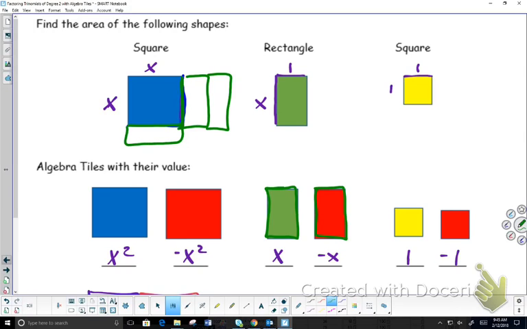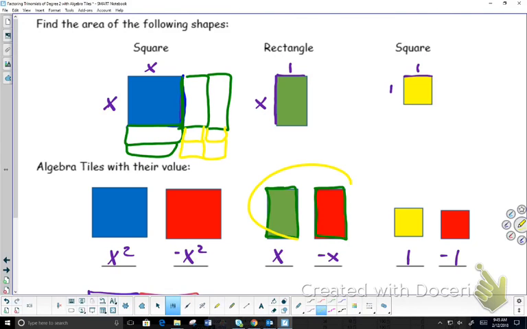So it can be placed here and here, and then the yellow tiles are the only ones that can go down here, and they have to go down here as a corner. And in the end, you have to form a rectangle, okay? So those are the rules we have to follow.